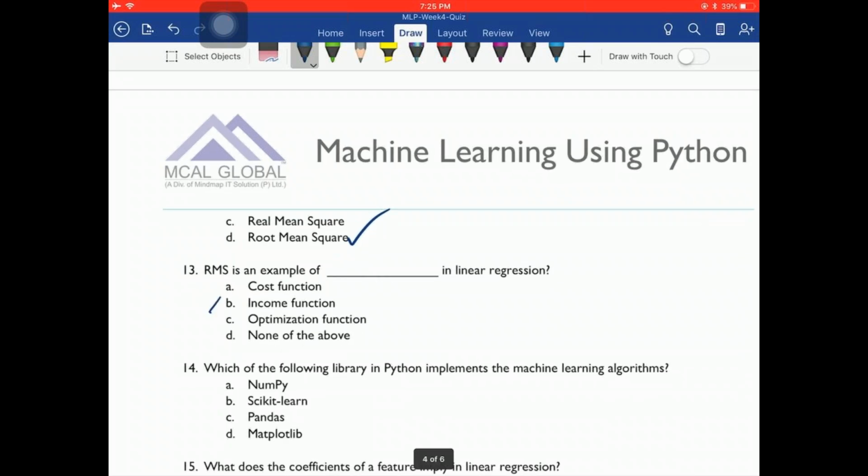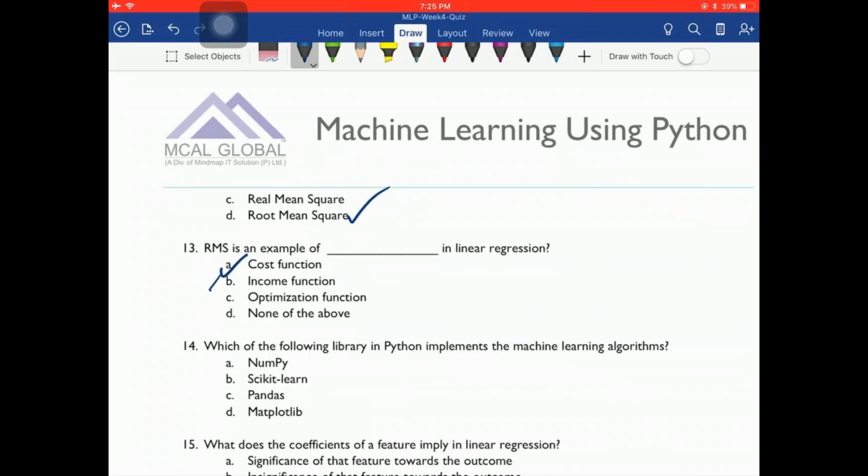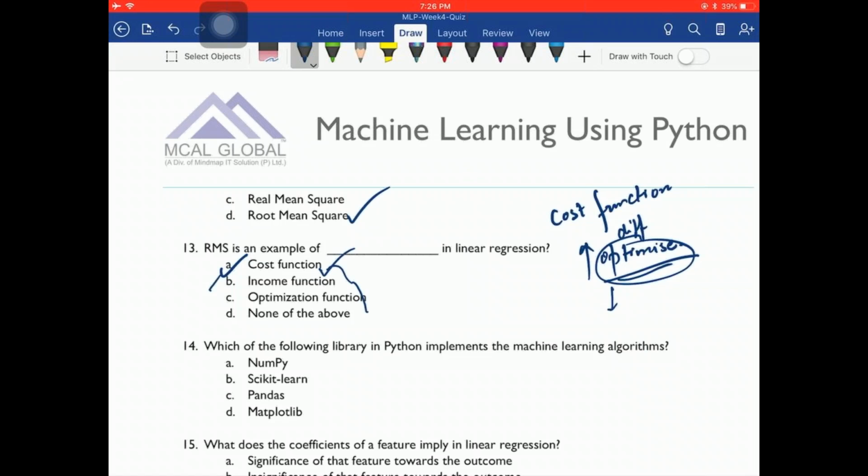Correct. Exactly, you have the cost function, and then you're trying to optimize the cost function. So you can actually tell both. With RMSE you're trying to differentiate and minimize, so optimize as in minimize here. But if there are two things, cost function is the better one to write down. Optimize means you are minimizing the cost function.